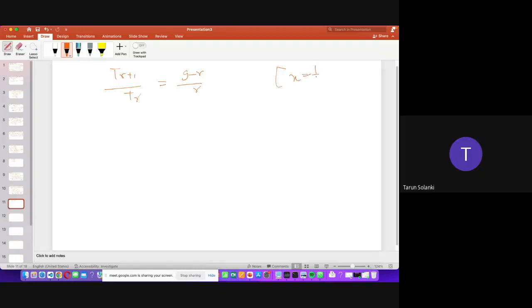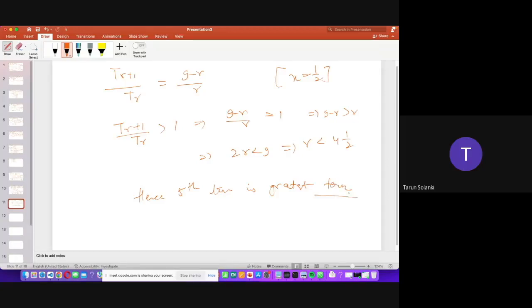So x equals half, and T(r+1)/T(r) is greater than 1. So (9 − r)/r is greater than 1. So 9 − r is greater than r. So 2r is less than 9. So r is less than 4 into half, right? So you can say hence the fifth term is the greatest term. Okay, fifth term is the greatest term.